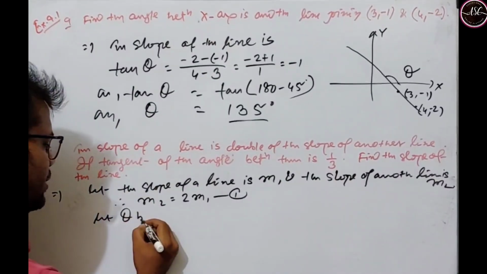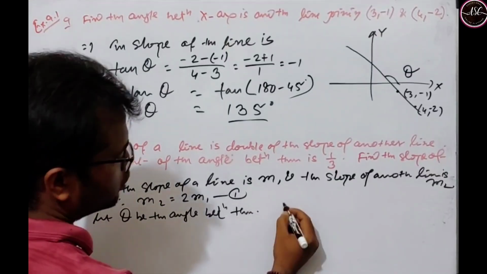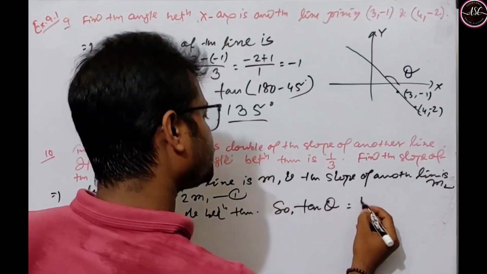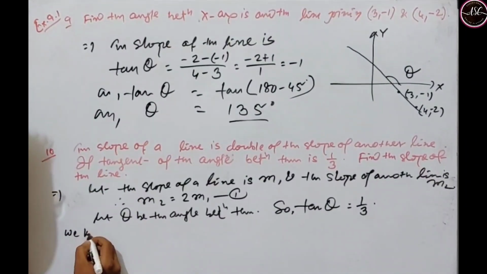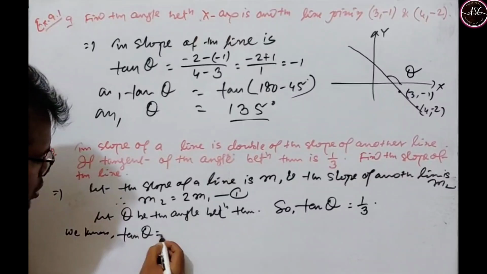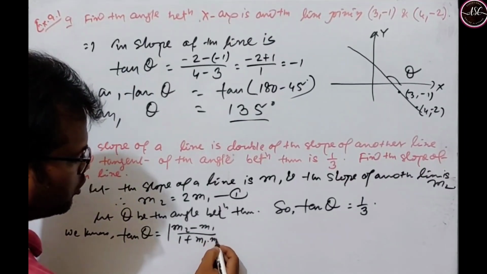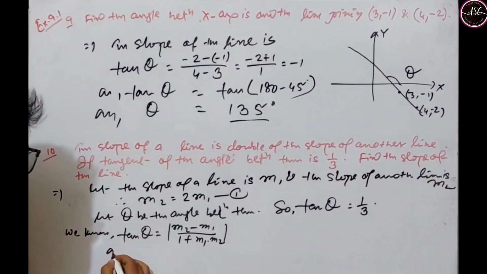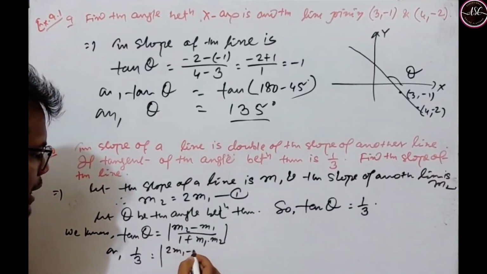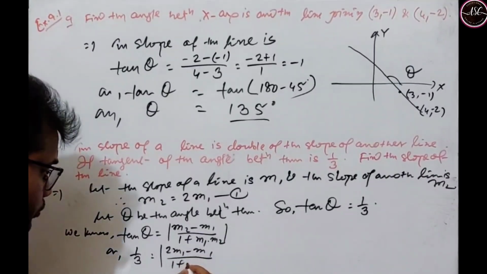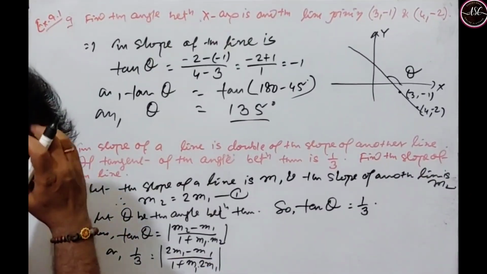Let theta be the angle between them, so tan theta equals 1/3. We know that tan theta equals mod of (m2 minus m1) divided by (1 plus m1 into m2). So we can write tan theta equals 1/3, and mod of (2m1 minus m1), and also m1 into 2m1, within mod.